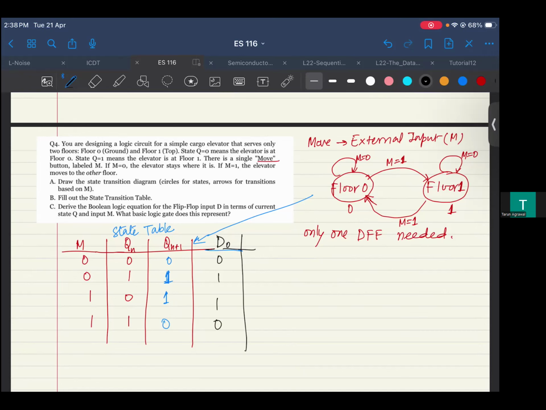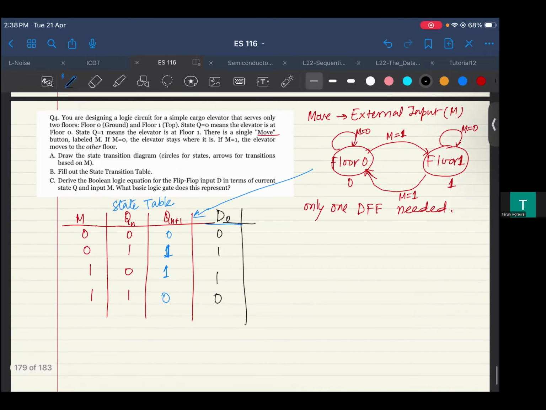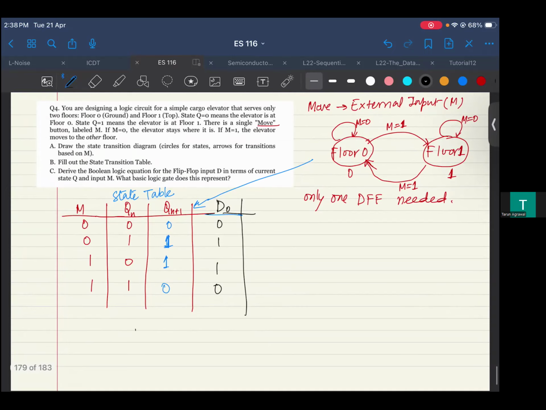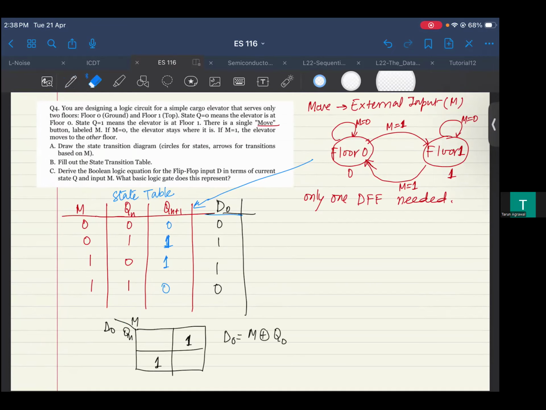Then if we do the minimization with the Karnaugh map for D0, because that is the only input we have to find, in terms of the inputs of the state table, M and Qn, we see this is 1 and 1. That means D0 is basically M XOR Q.